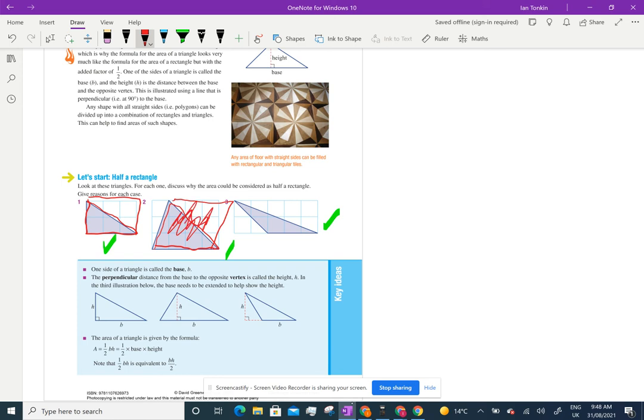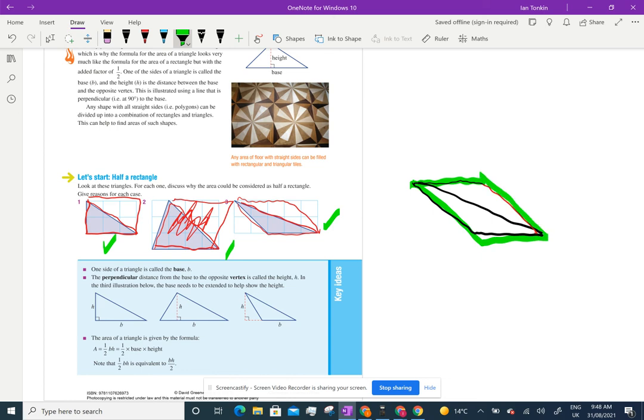And if I copy this triangle and copy and paste it, so imagine this, I'm going to redraw it over here, and I copy it and paste it up here, I get a parallelogram. This is a parallelogram. And because I've copied it and pasted it, flipped it and pasted it, I know that the triangle is exactly half of any parallelogram.